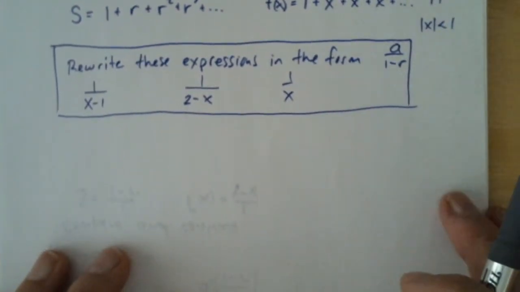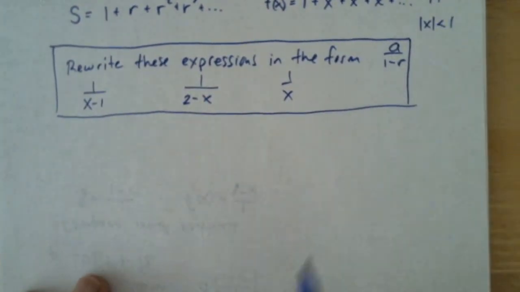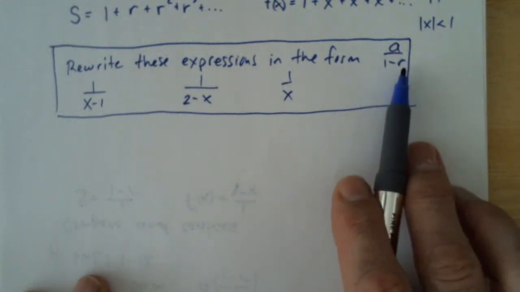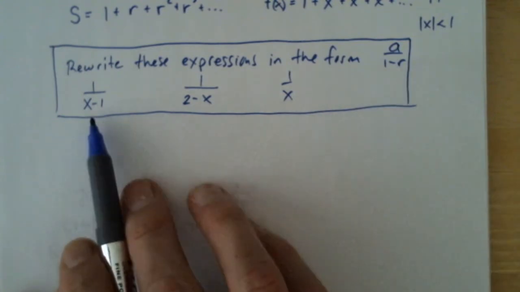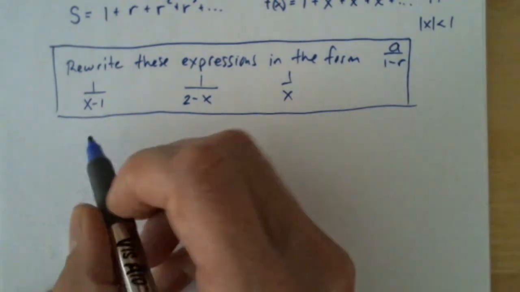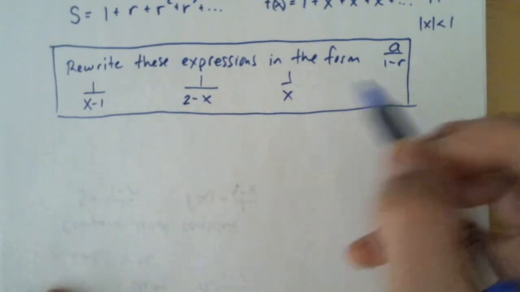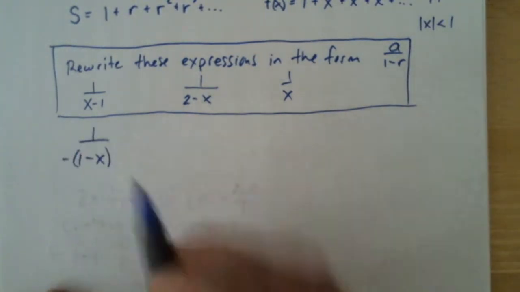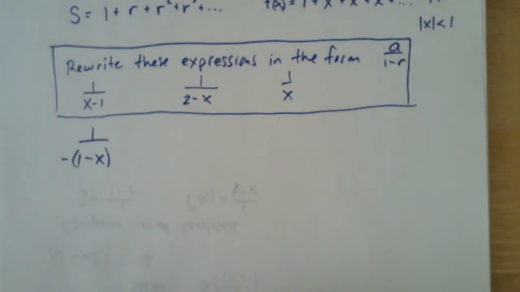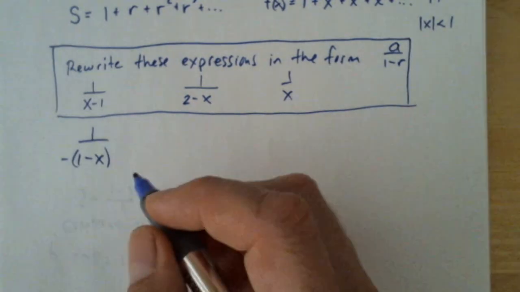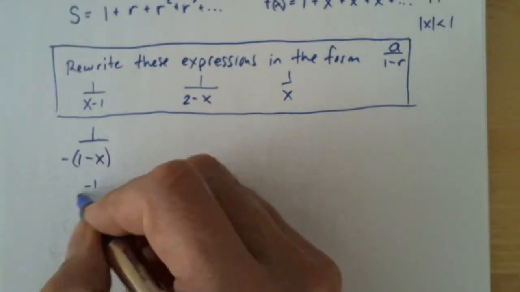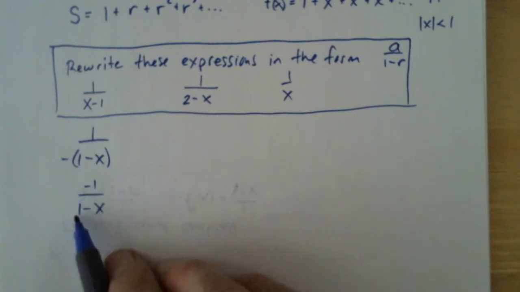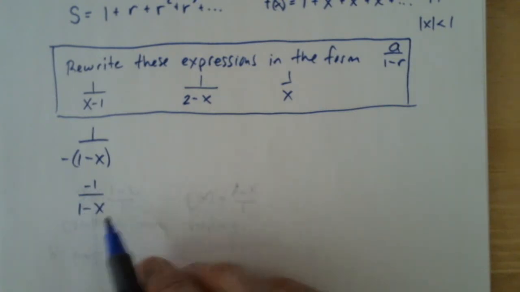Let's start by rewriting these functions to look like this. It can be a number over 1 minus something with a variable in it. So we have to rewrite this one. Our goal is 1 minus x, so we could write it like this, and then we could put the negative in the numerator, and now it's in the desired form, a number over 1 minus some variable.